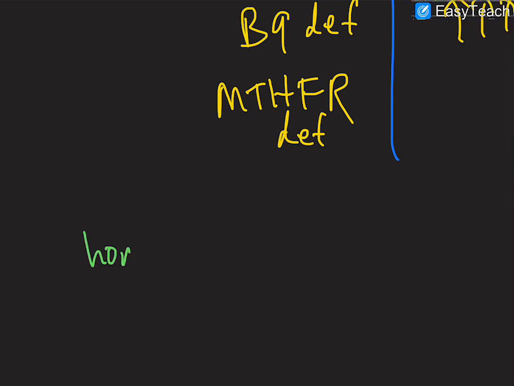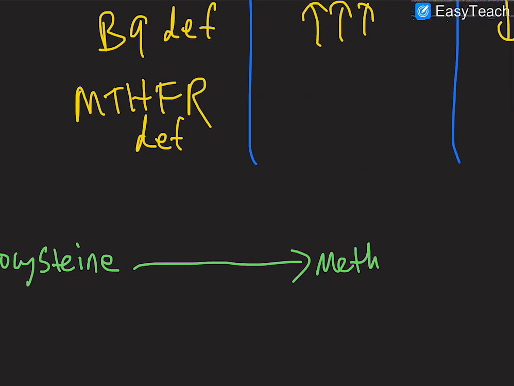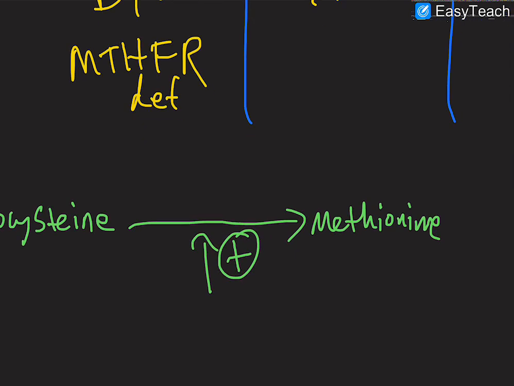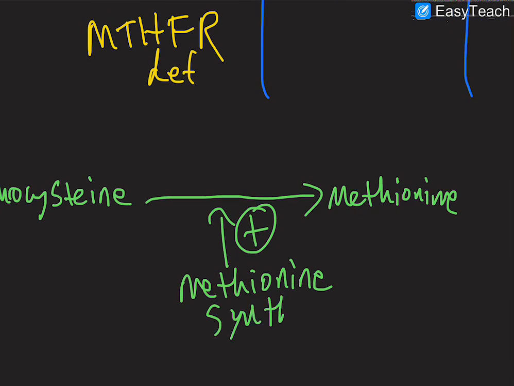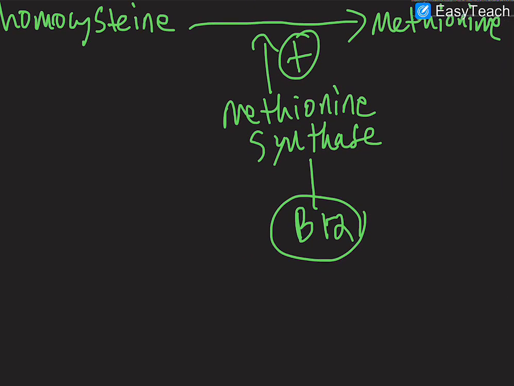So when homocysteine gets converted into methionine, we said this process needs an enzyme called methionine synthase. And methionine synthase needs B12 to function. Okay. And then we said we get folate, right? That gets converted to DHF, gets reduced, right?